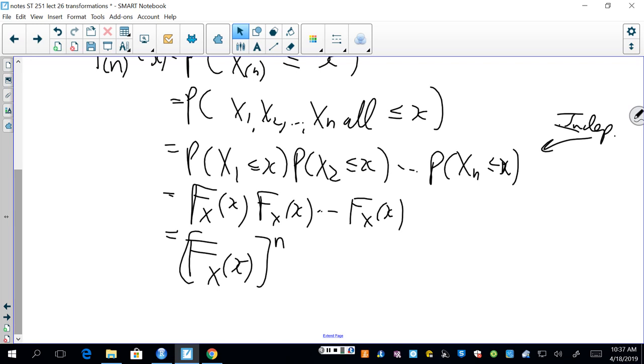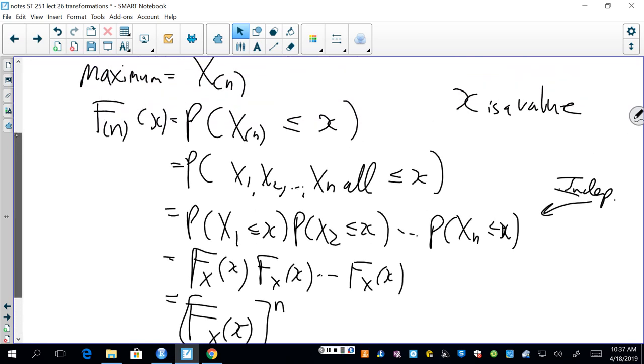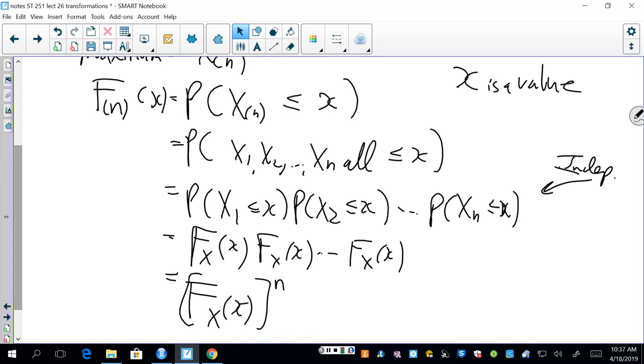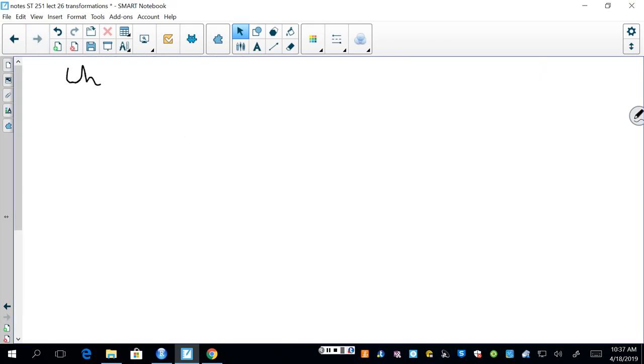So what's the density? This is the probability that the maximum is less than or equal to a certain value when x comes from some distribution. So what is the probability density function of the maximum?